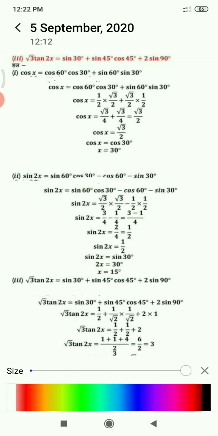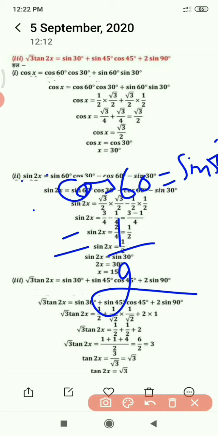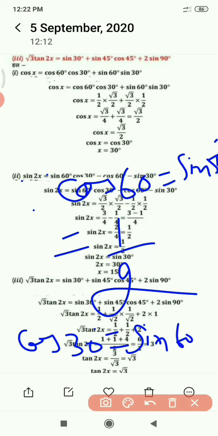First, we know that cos 60 and sin 30 have value 1 by 2, and cos 30 and sin 60 have value root 3 by 2.